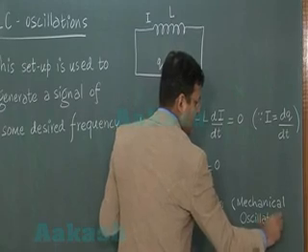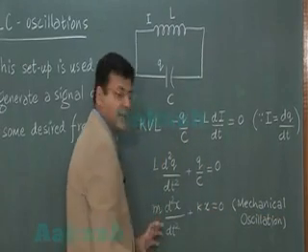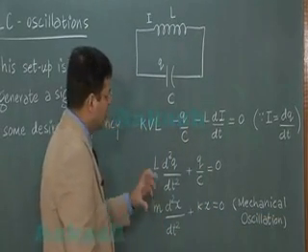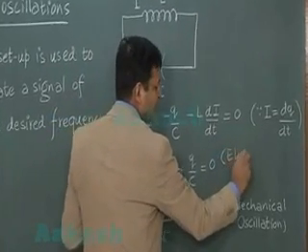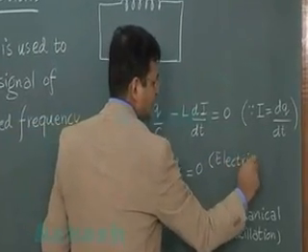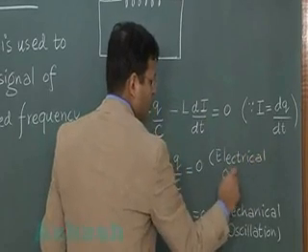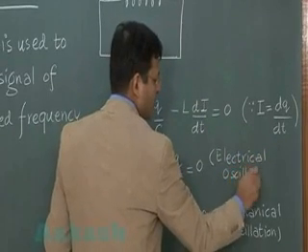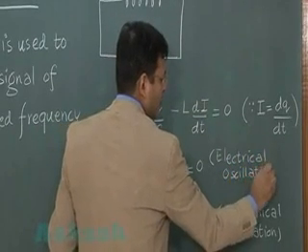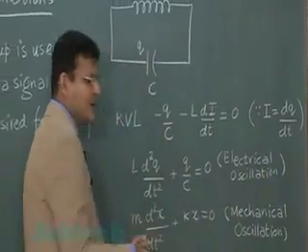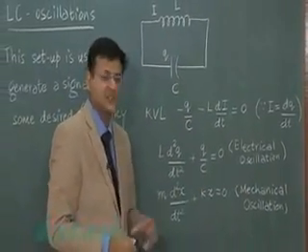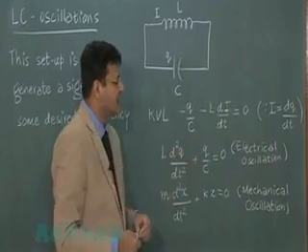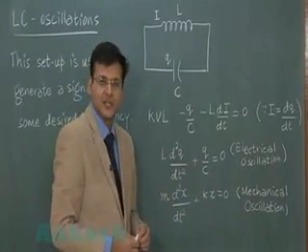And analogous to this mechanical oscillation equation, you have here this equation as electrical oscillation. You understand? So whatever kind of analysis you have made for mechanical oscillation, the same kind of analysis will be available for electrical oscillation as well.